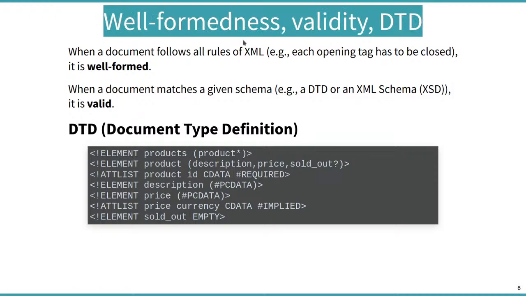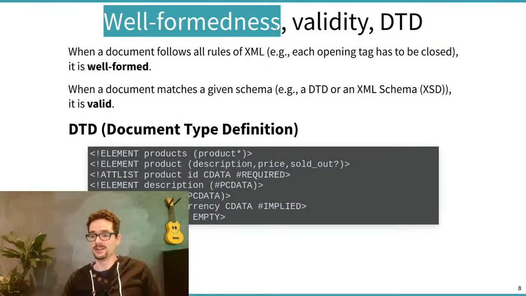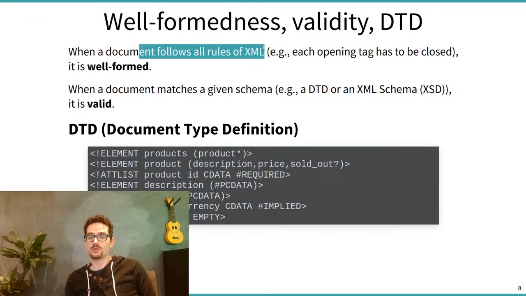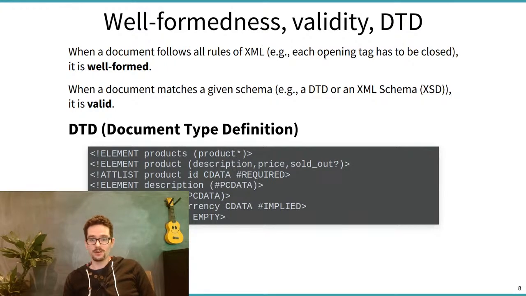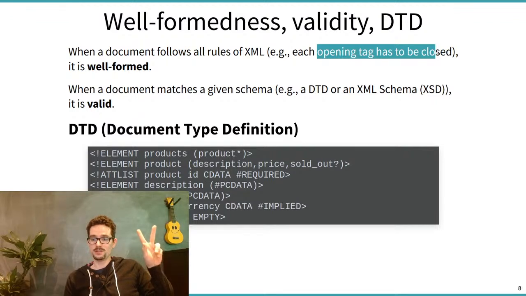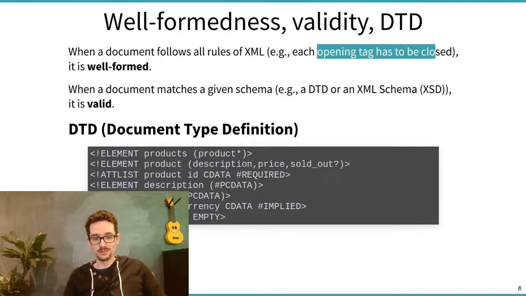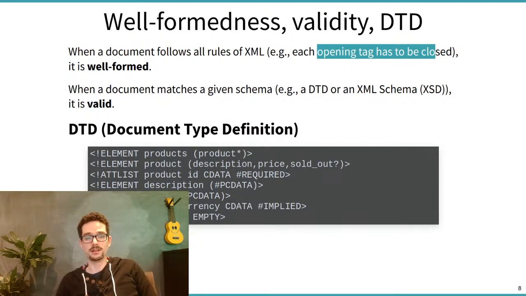I used the word well-formedness already. Well-formed means the document follows the rules of the language. So when every opening tag is closed and when every quote of an attribute again is closed, then the XML document is well formed.